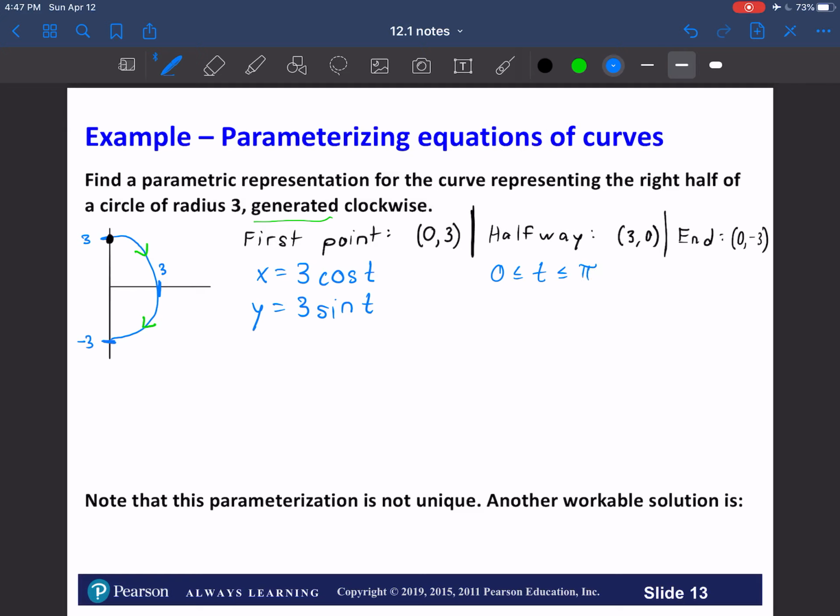If we do 0 to pi, then the first point that we would get is x equals 3 and y equals 0. So that would be this point. And then the last point we would get would occur at pi, which would give us x equals -3, y equals 0. So we would actually end up tracing out this curve.